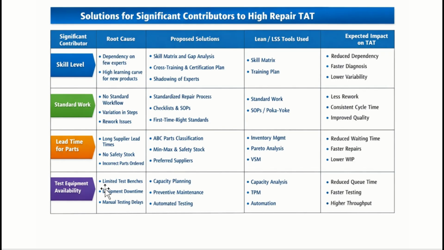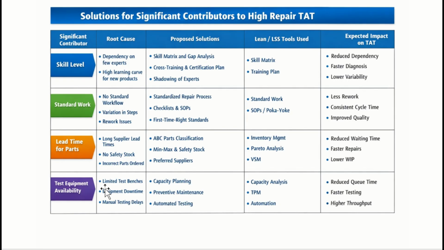For that, they said to have shadowing of experts so that new joiners learn under the guidance of existing experts in the processes. The next significant contributor was standard work, and the root causes were no standard workflow, variation in steps, and rework issues. The proposed solutions were a standardized repair process, checklists and SOPs, and first time right standards.